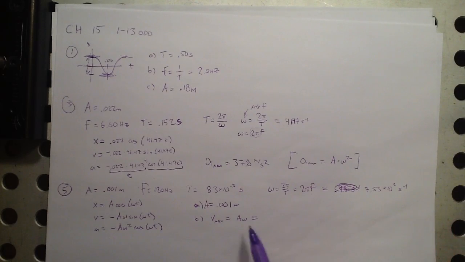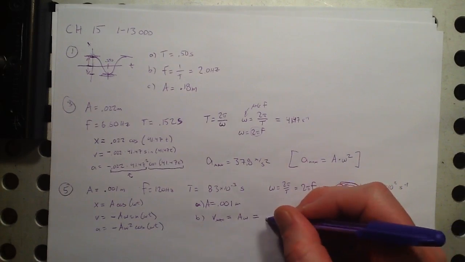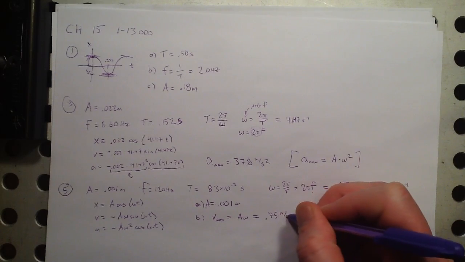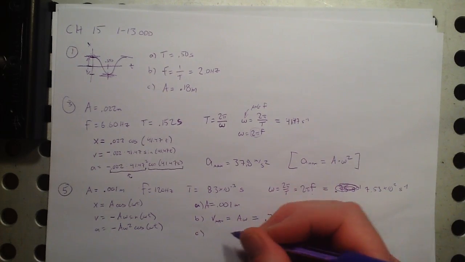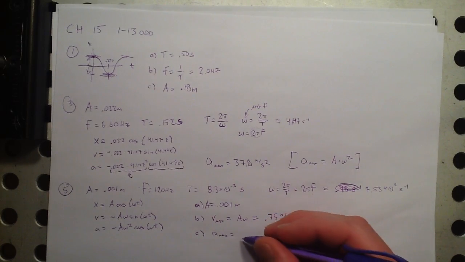So we have that number times the amplitude, 0.001, which gives me 0.75 meters per second. And then the maximum acceleration is A omega squared.